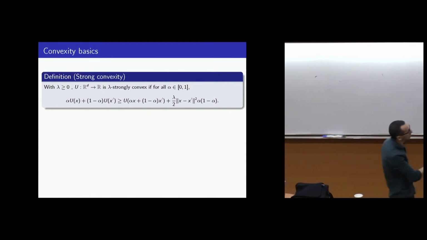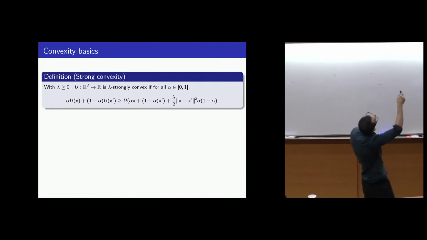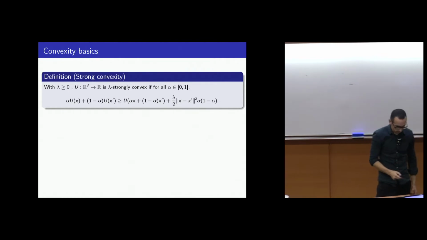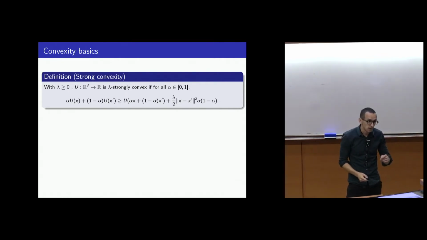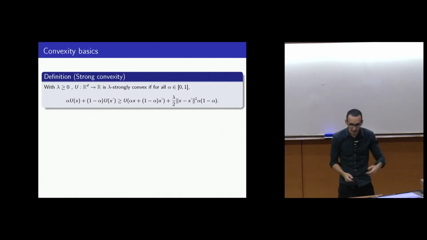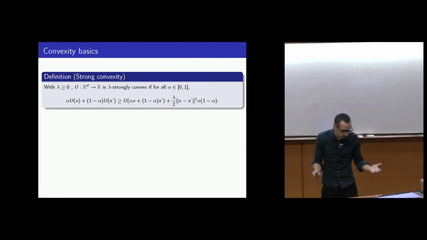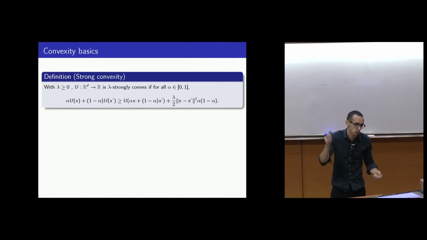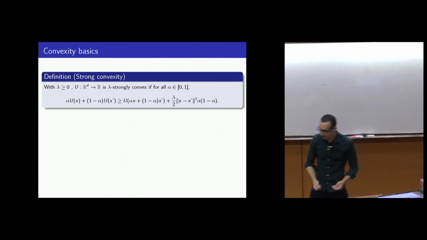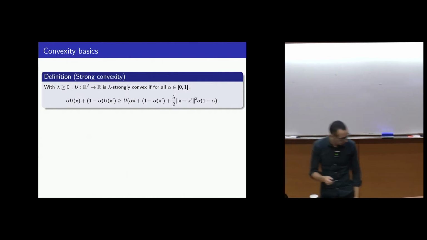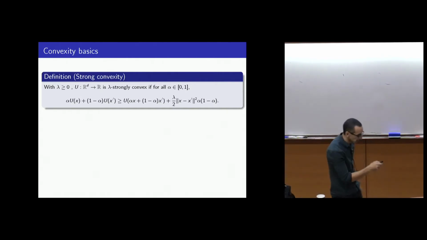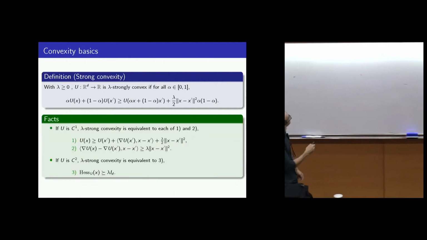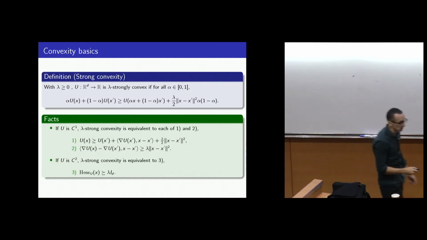So, some definitions. This definition, if you take lambda to be 0, this just says U is convex. Okay, if lambda is strictly positive, then it's something more than just convexity. It says that U roughly is at least as convex as a quadratic. And if you assume that U is differentiable, then it's perhaps a bit more transparent what's going on.